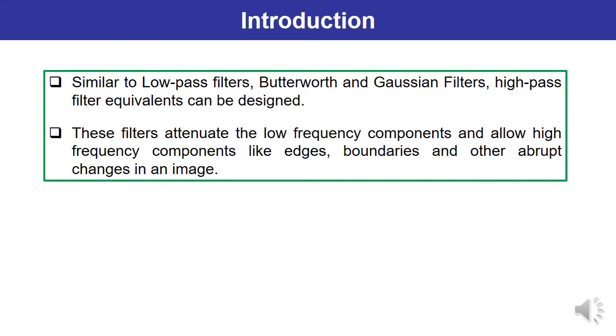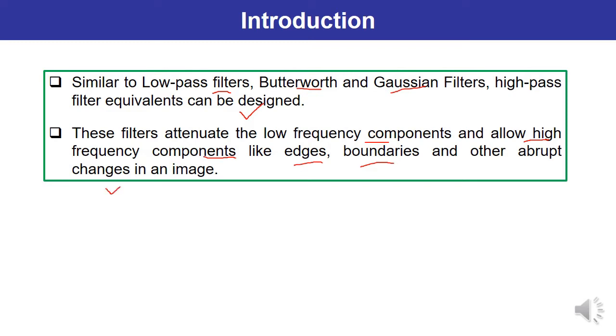Similar to the low pass filters, Butterworth and Gaussian filters, high pass filter equivalents can also be designed. These filters attenuate the low frequency components and allow high frequency components like edges, boundaries and other abrupt changes in an image.